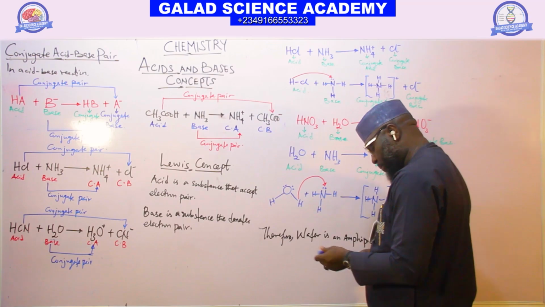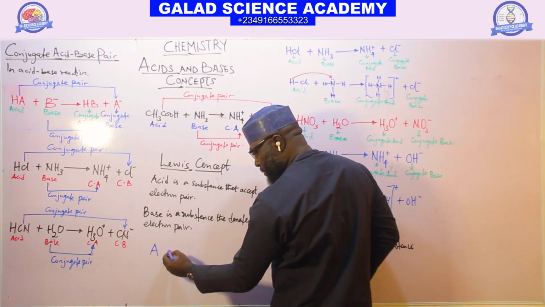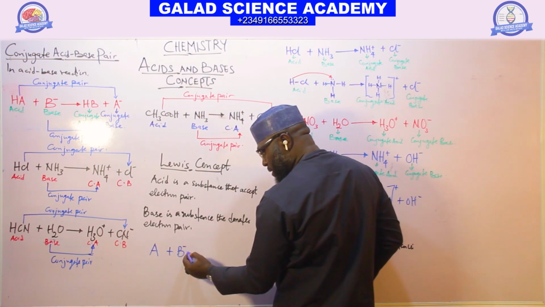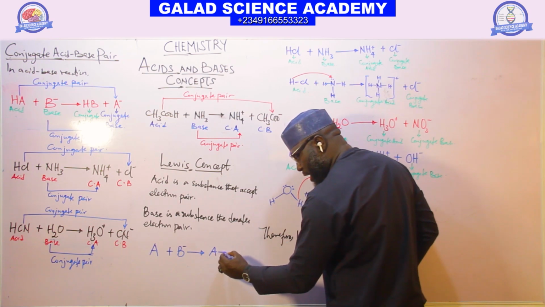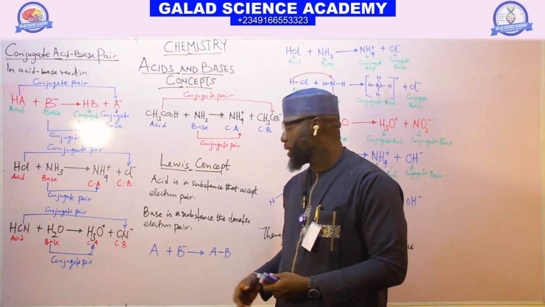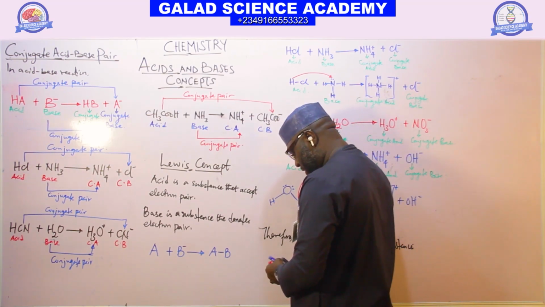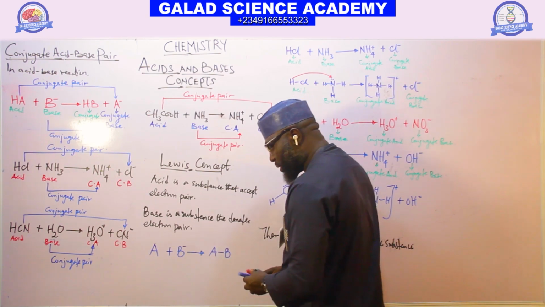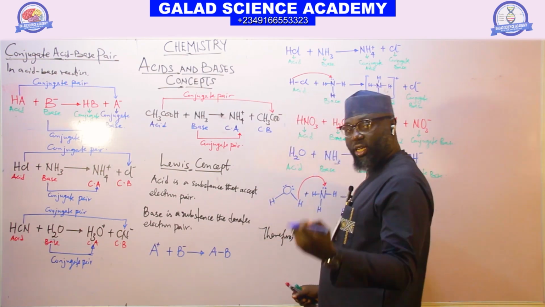So take for instance now, let me say we have A react with B, so we have A, B. If B is an electron rich compound, it has excess electrons, then A is an electron deficient compound. And they want to bond together.